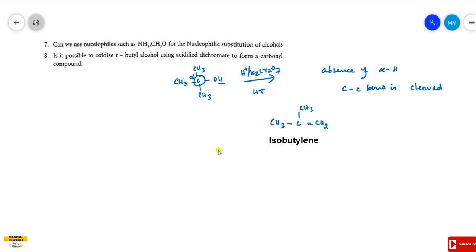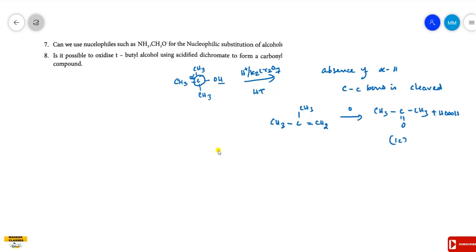Further on oxidation, the carbon-carbon bond is cleaved and you get the product CH3, C double bond O, CH3. This is a carbonyl compound. And the fragment is oxidized to give formic acid. The carbonyl compound has one carbon less than the tertiary alcohol.